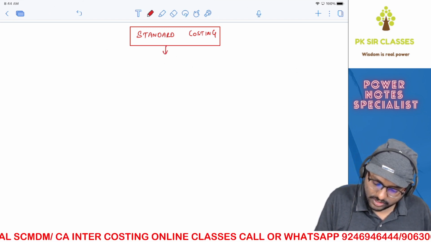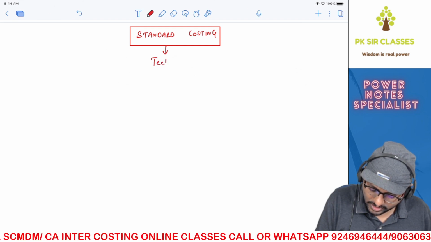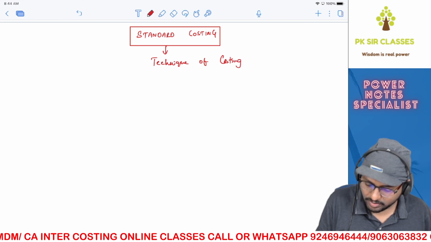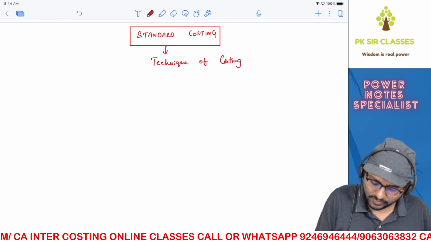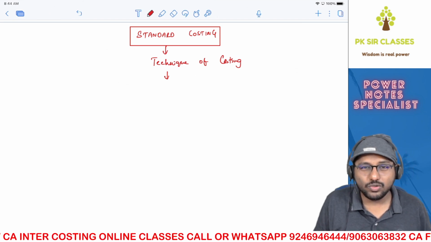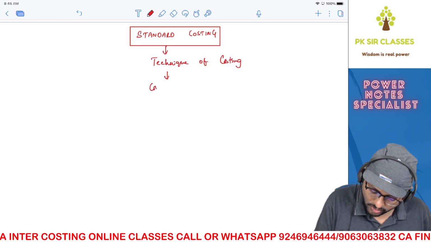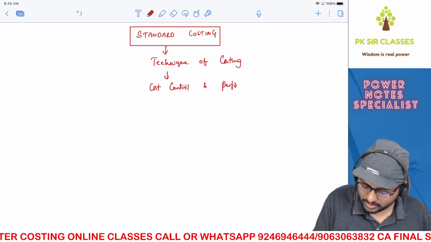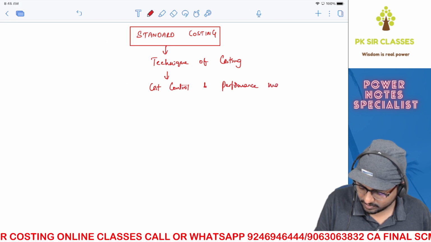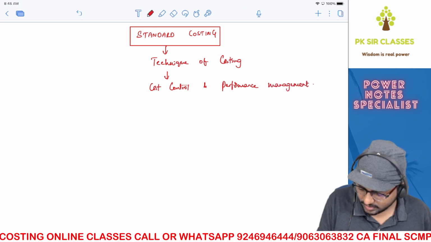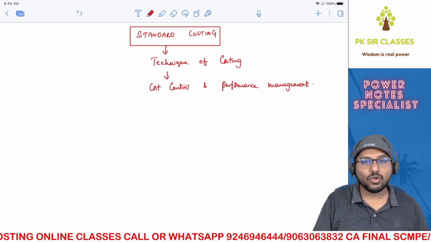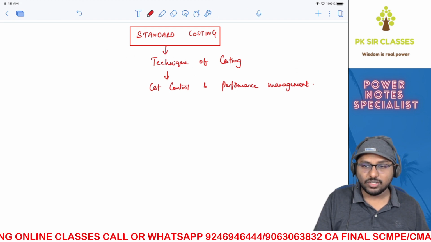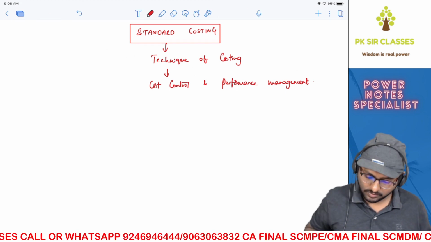Now, first things first, you guys know that standard costing is a technique of costing, similar to budgetary control. There are so many uses of standard costing to be precise, but the majority of the use will be cost control and performance management, in the sense you want to manage, right?